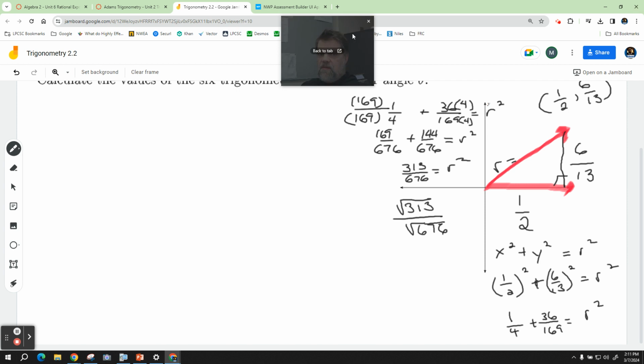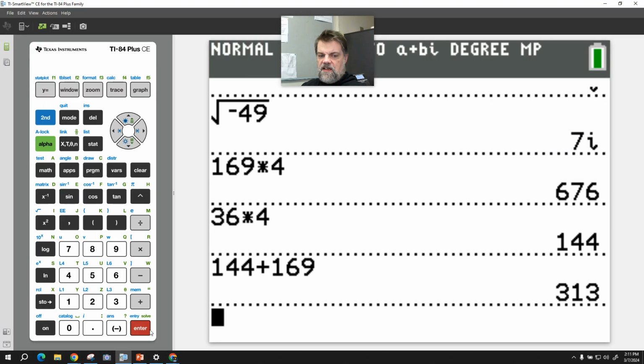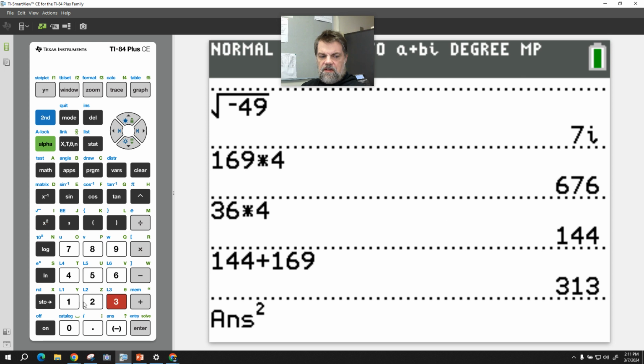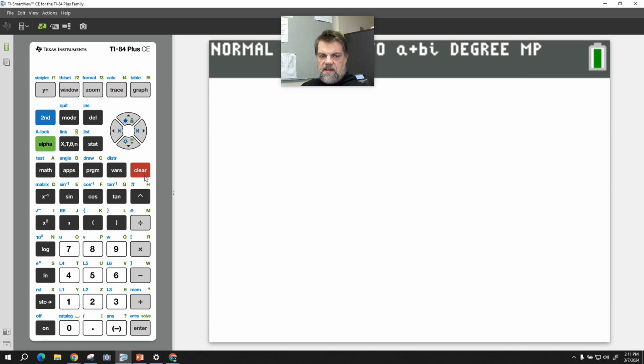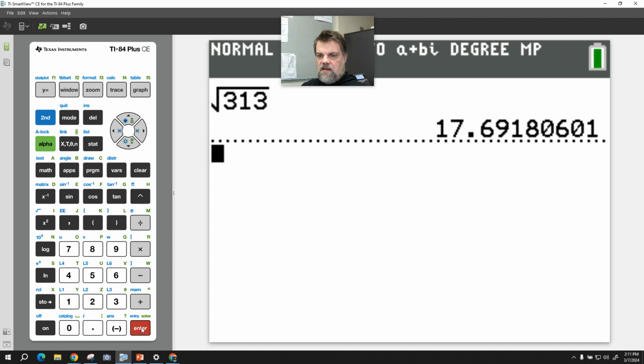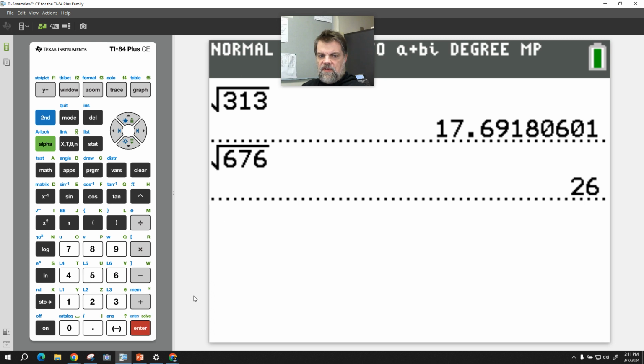Now I doubt it, but I'm going to try it and see if you could take the square root of 313. Let me clear this out. So I'm going to hit the second x squared button, then type in 313. Woo, not so lucky there. But I'm going to try this again with 676, because I think 676 might be a legitimate one. Yeah, 26.